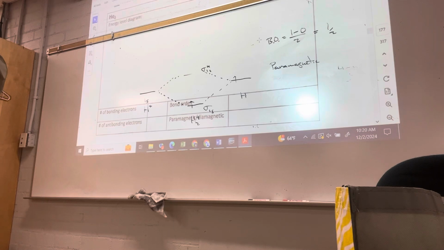What's going to result is a 1s sigma bond, but there are 2 electrons here and 2 electrons here. Is it going to happen? No, it's too many electrons. In this overlap region, we have to double count the electrons, so that's 4 electrons in one orbital potentially. It's not going to work, and so no bond should form here.